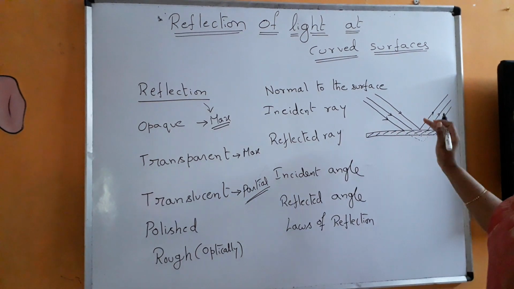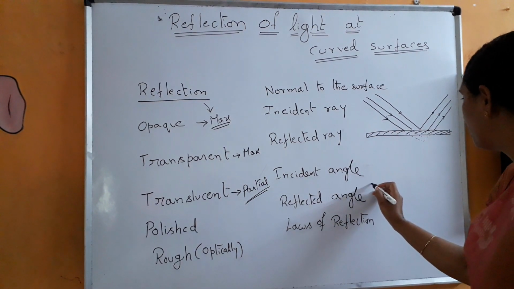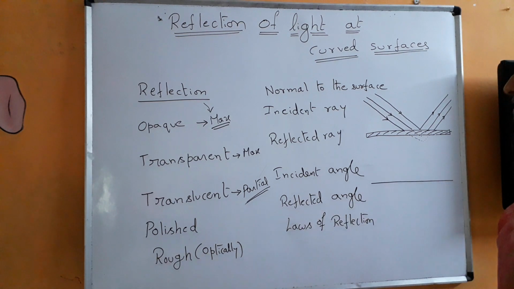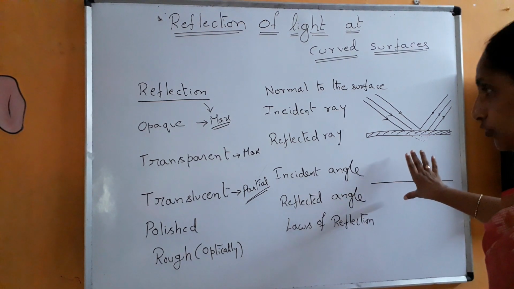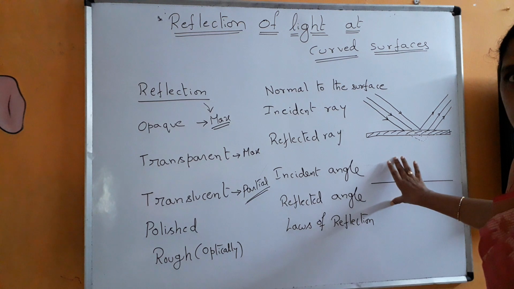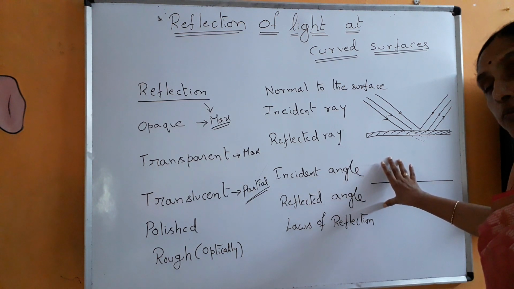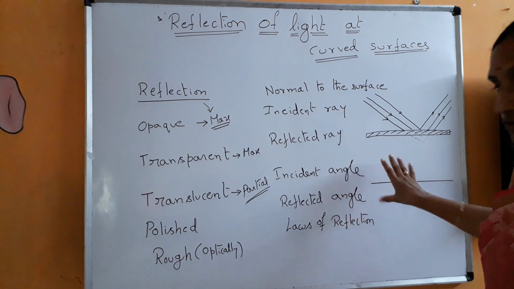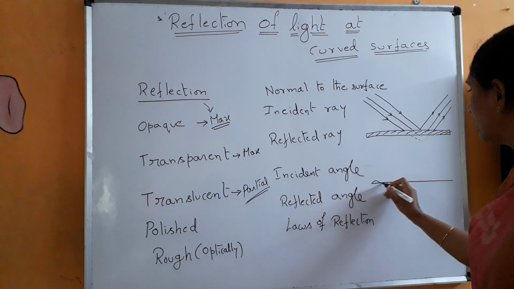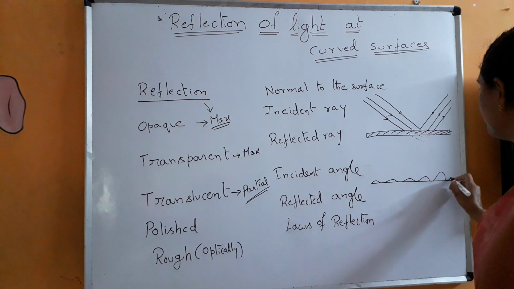And now when it comes to optically rough surface, it may appear smooth to your eyes, but when you keep the surface which you are thinking it to be polished under a microscope, you can see that the surface is very uneven.